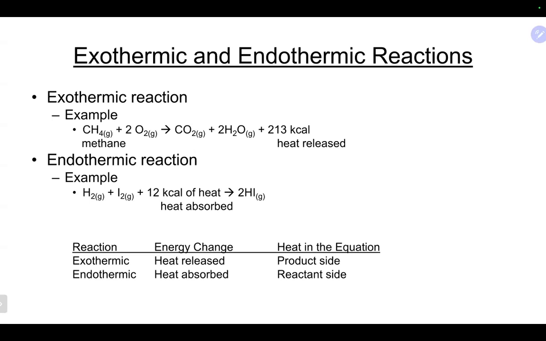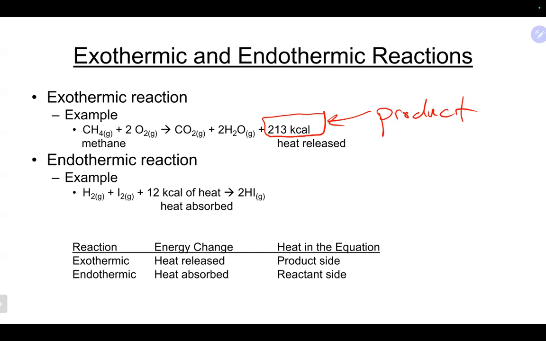And in this particular case, the energy value is on the product side. And whenever the energy value is written into the equation, we oftentimes will consider the energy as being given off because it's basically on the product side. So it is basically an exothermic type reaction when that occurs.